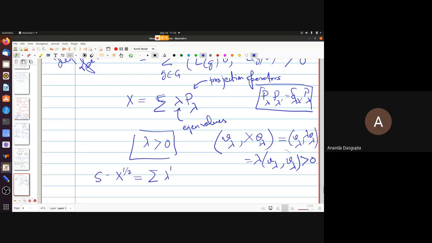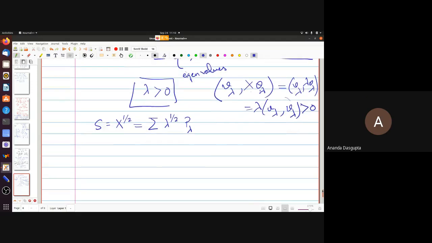Let's call this S. All this talk about x being Hermitian and positive definite is essential to ensure that you can define a unique operator S this way, x to the power half. Basically, if you think of the matrix x, it's a diagonalizable matrix. S is the corresponding matrix whose eigenvalues are the square roots of those of x. Is it clear to everybody?